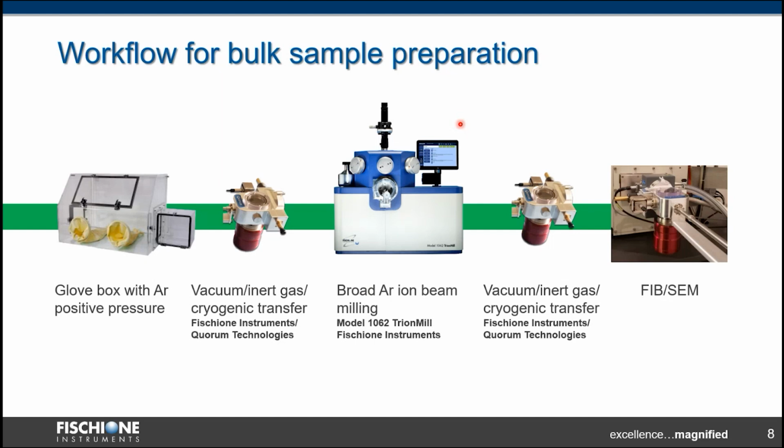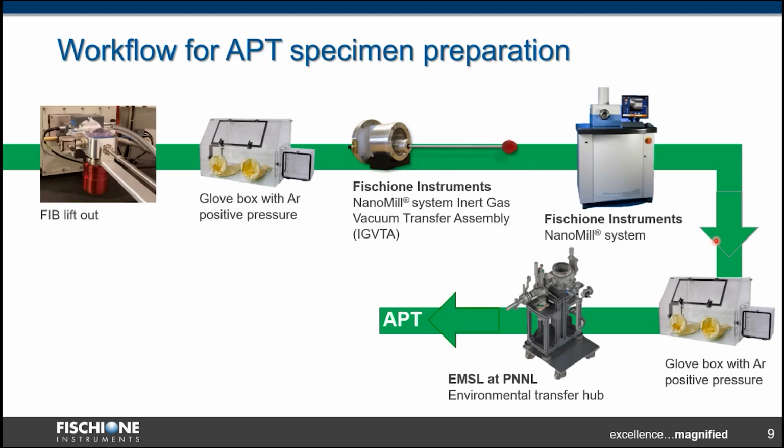First, we study a bulk sample. The sample was loaded in the glove box into a vacuum inert gas cryogenic transfer capsule and then transferred to the argon broad ion beam milling system, model 1060 TrionMill. After the preparation, the sample was transferred directly, without passing through the glove box, to the FIB SEM for observation and FIB sample preparation.